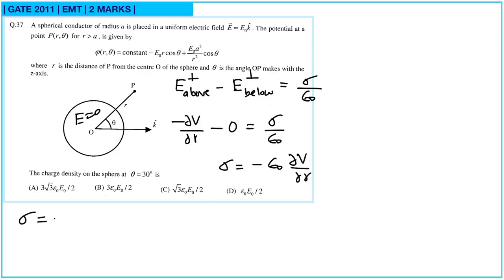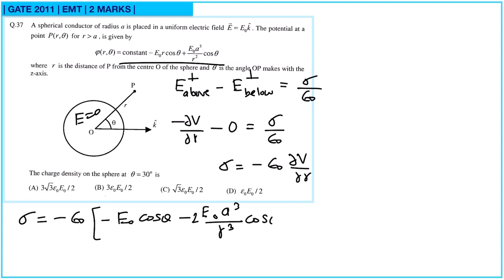So this will be equal to minus of epsilon naught, and this potential is given to us and we have to find dou V by dou R. So this will be, first term is 0, then we have minus of E naught into cos theta, then this will be E naught A cube, then R raised to 2. So this will be minus of 2 upon R cube into cos theta.